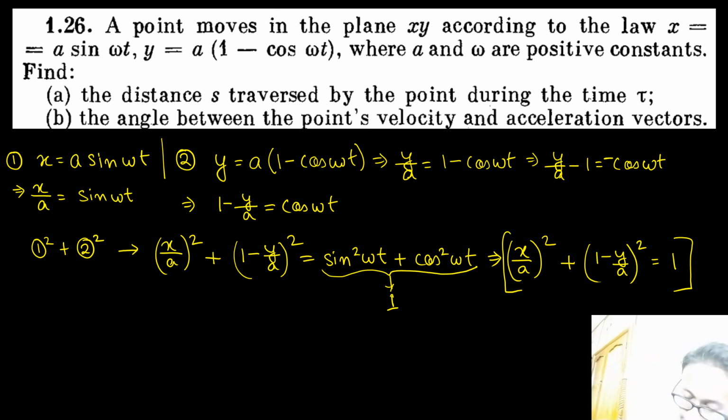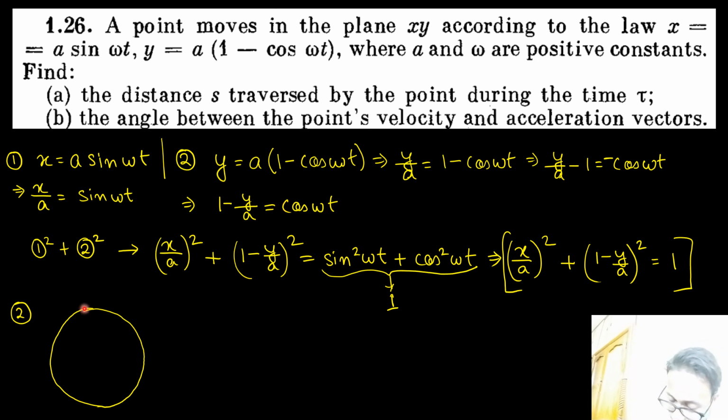Now the question is asking the distance traveled by the point during the time period tau. Since this would be moving in a circular motion, what would be the velocity here? As the particle is moves in this circle, the velocity vector would change with respect to time. That takes care of the sin omega t and cos omega t.